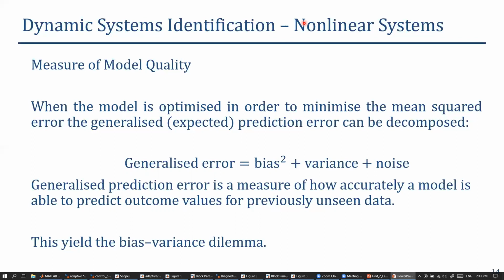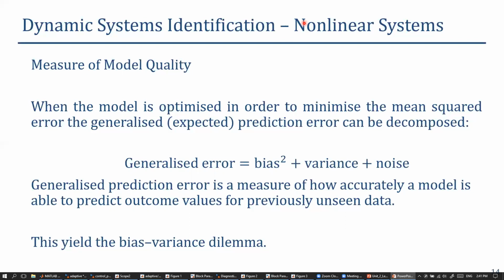So that means we train the model on some set of data, but then we don't really test it, we kind of estimate what the cost function or what the error would be.